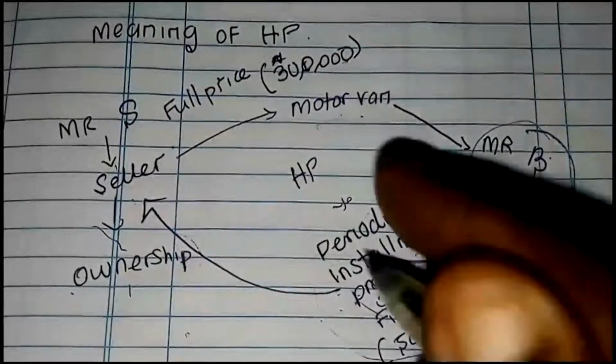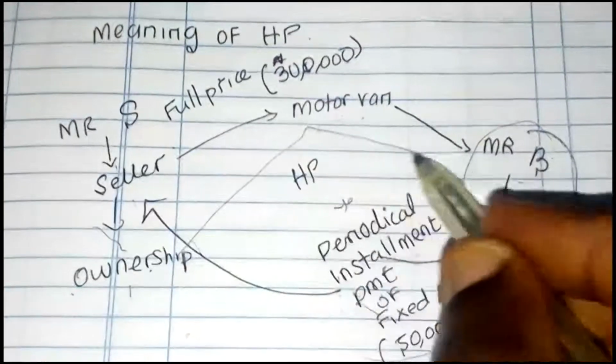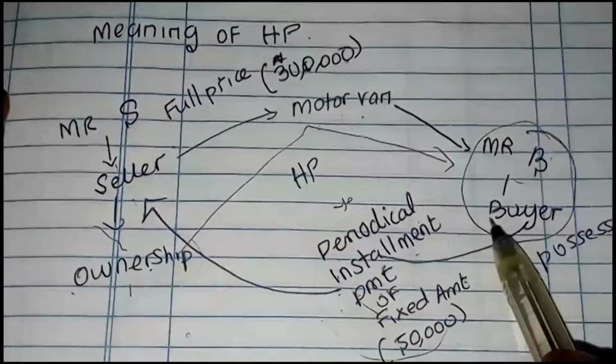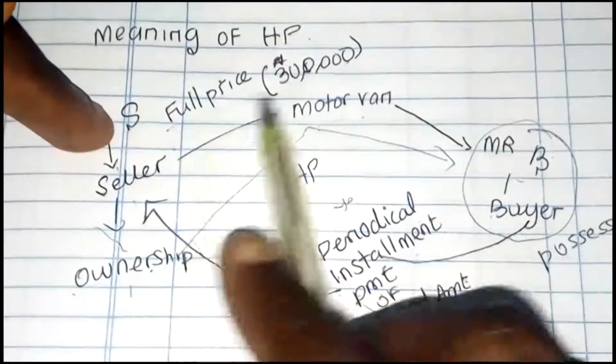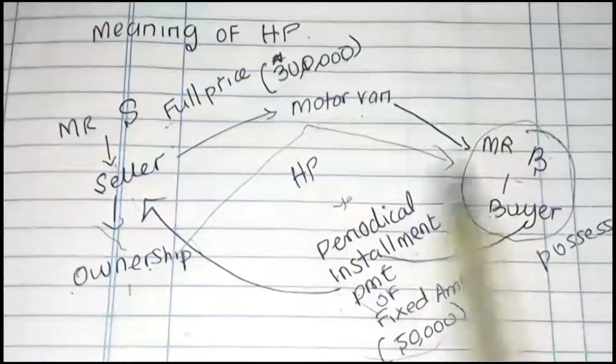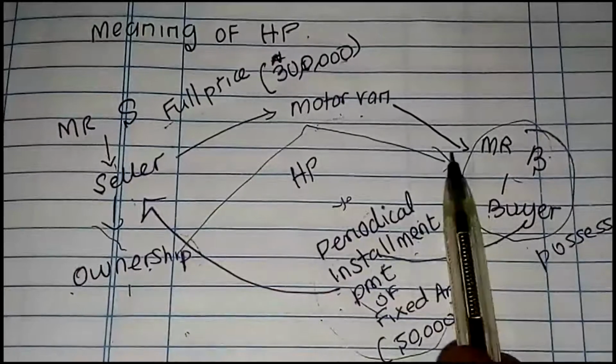So the ownership of this motor van will be transferred to Mr. B after the full price, take note, write it down, after the full price has been paid by Mr. B. That is when the ownership transfers.